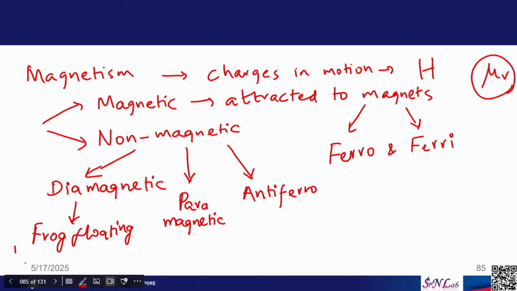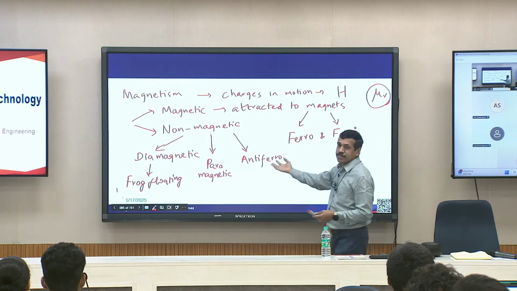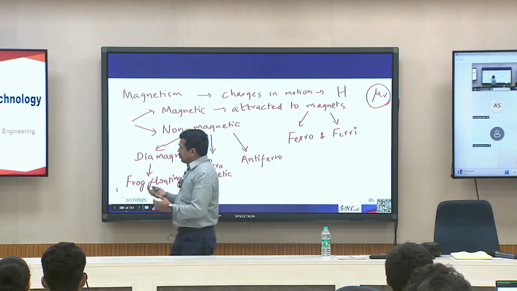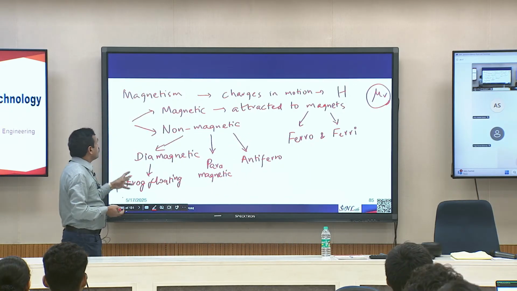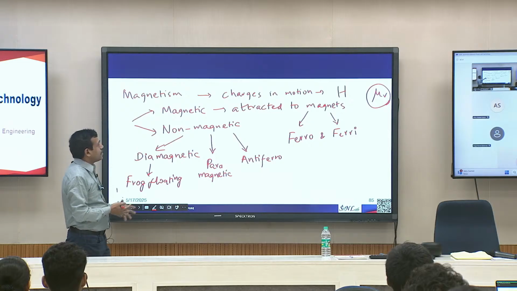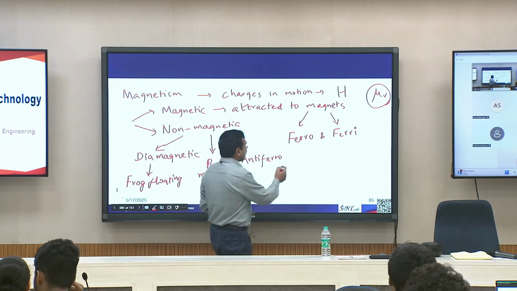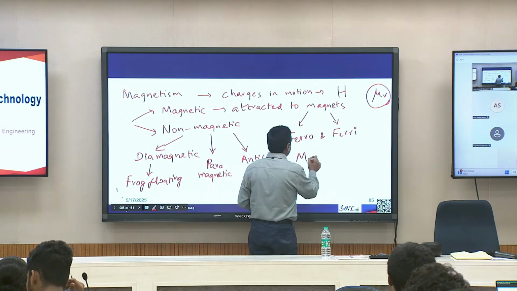Then we learned to understand what causes these properties. Okay. So, why certain materials are ferro or ferrimagnetic, why some materials are antiferro, and so on. For explaining that, I introduced you to the concept of magnetic moment.